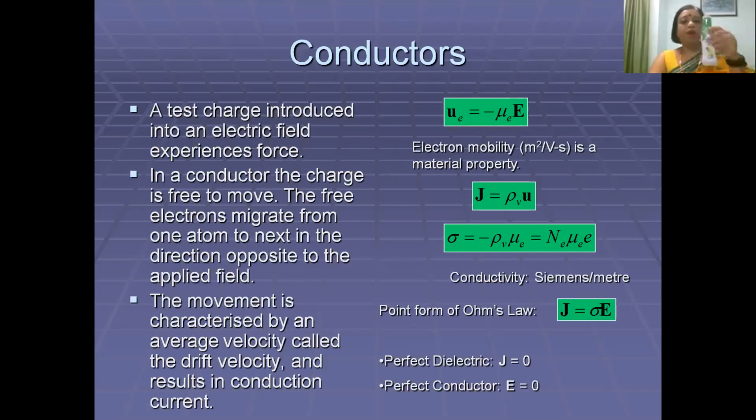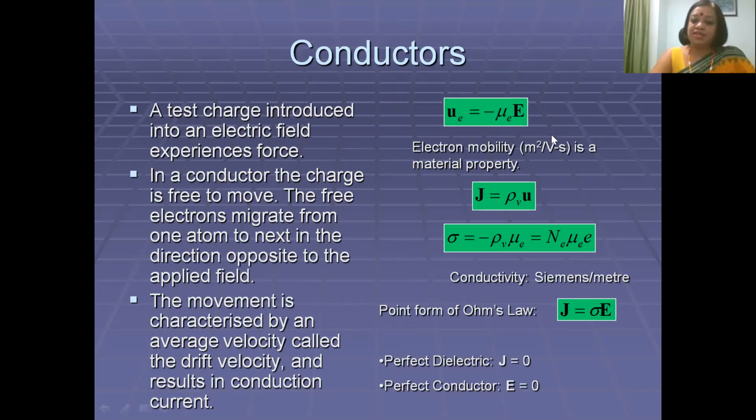Now, if you apply this to the case of conductors, we are concerned with the electron mobility. We are not going to talk about hole mobility here because we are talking about conductors, but in dielectrics, we might also be interested in hole mobility, but we are not going to go there now.